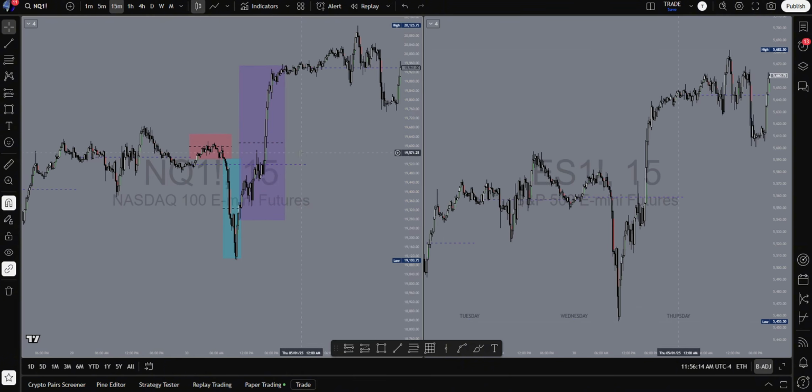So this right here is an example on a 15-minute time frame of PO3 or AMD. Here's accumulation, manipulation down right here, and then we had the distribution.